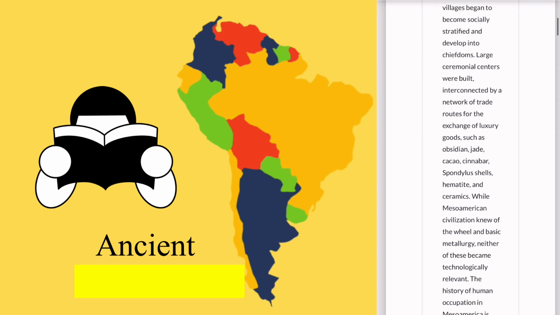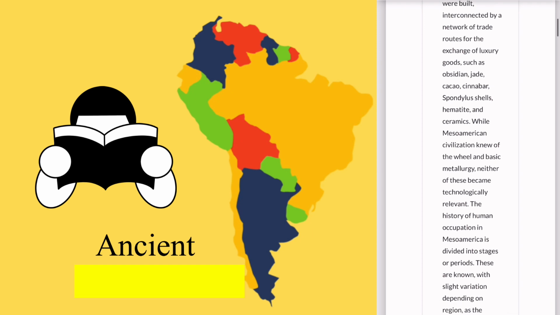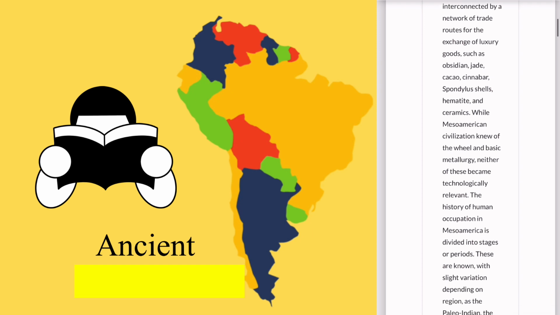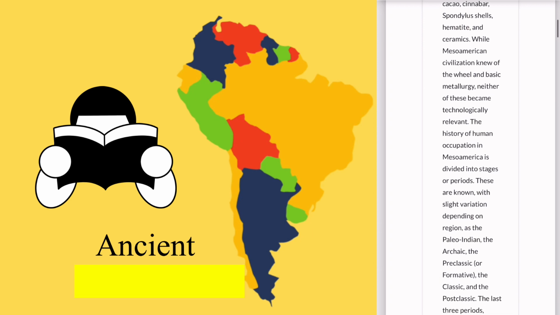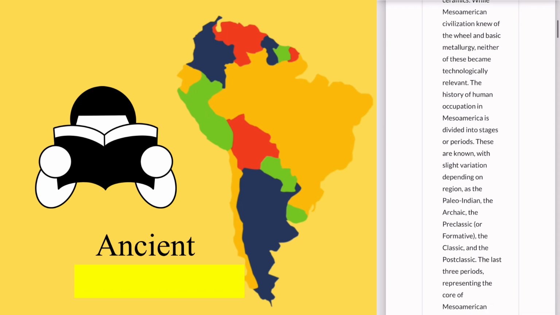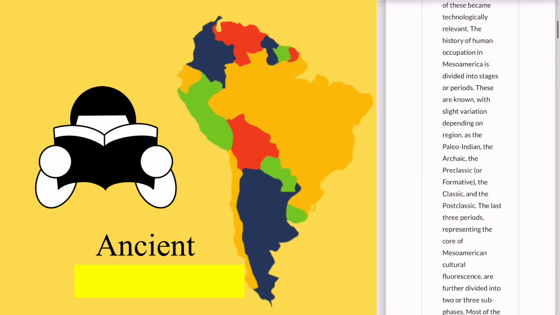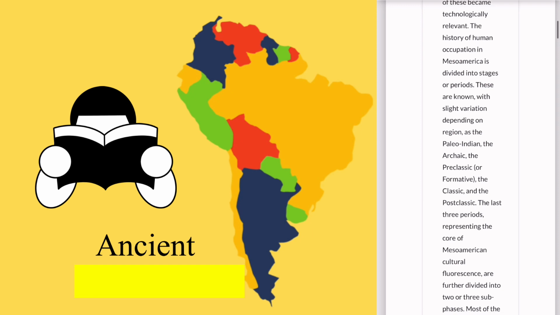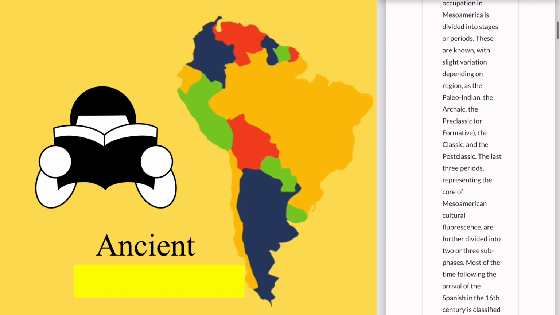The history of human occupation in Mesoamerica is divided into stages or periods. These are known, with slight variation depending on region, as the Paleo-Indian, the Archaic, the Pre-Classic, or Formative, the Classic, and the Post-Classic. The last 3 periods, representing the core of Mesoamerican cultural fluorescence, are further divided into 2 or 3 subphases.